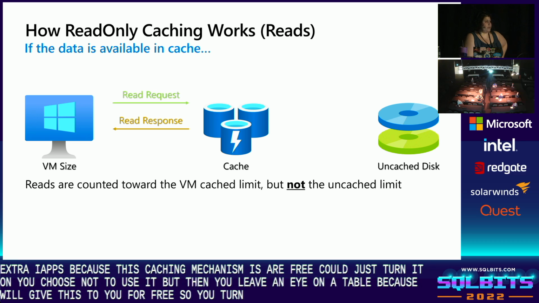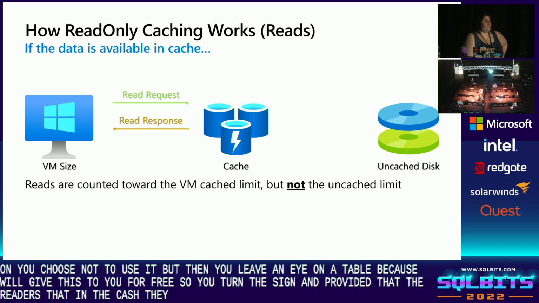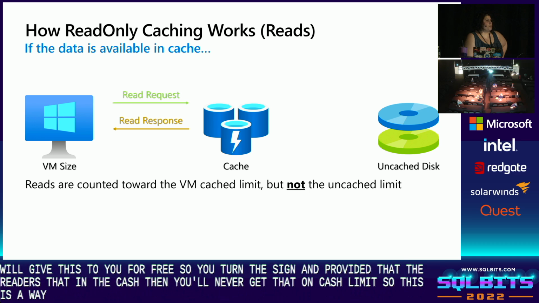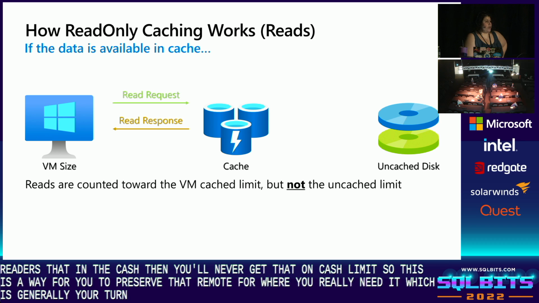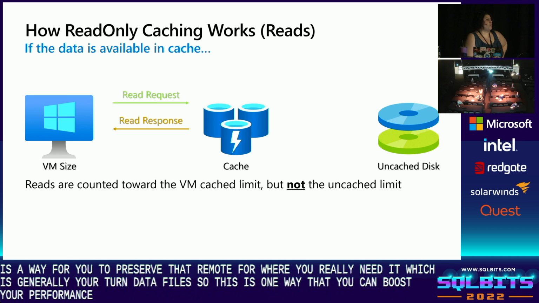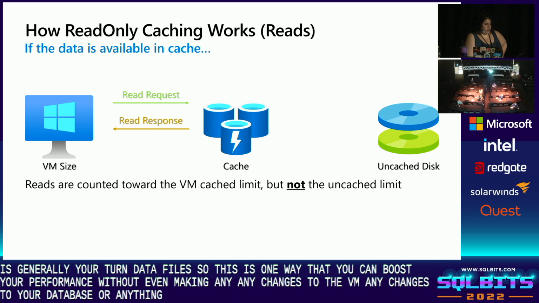So you turn this on, and provided that the read is in the cache, you never hit that uncached limit. So this is a way for you to preserve that remote throughput for where you really need it, which is generally your transaction log, and for the writes on your data files. So this is one way that you can boost your performance without even making any changes to the VM, any changes to your database or anything. You just turn this read caching on, and you're good to go.